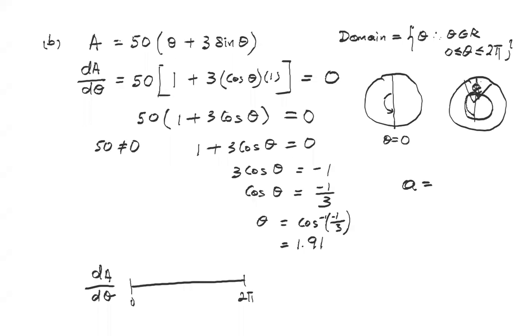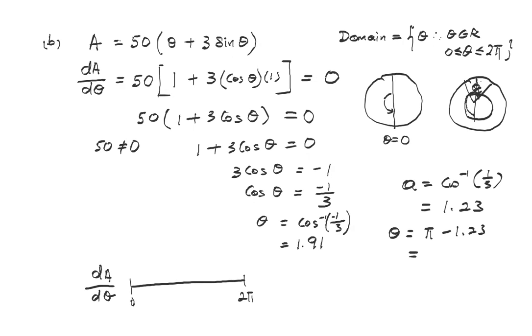The acute angle cos inverse 1/3 is 1.23. So my theta should be in the second quadrant. That is pi minus 1.23.